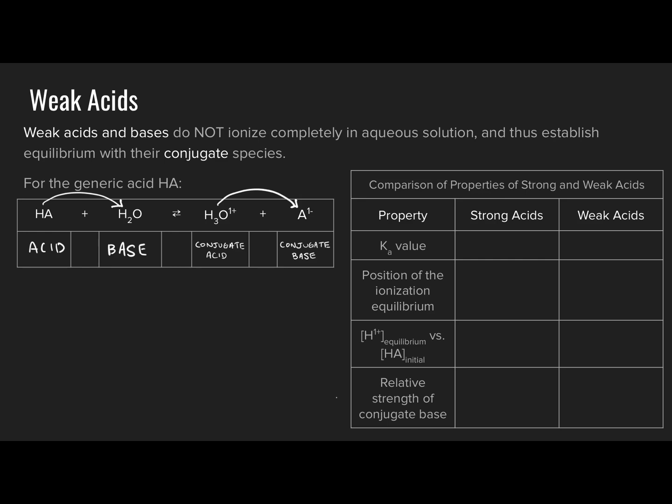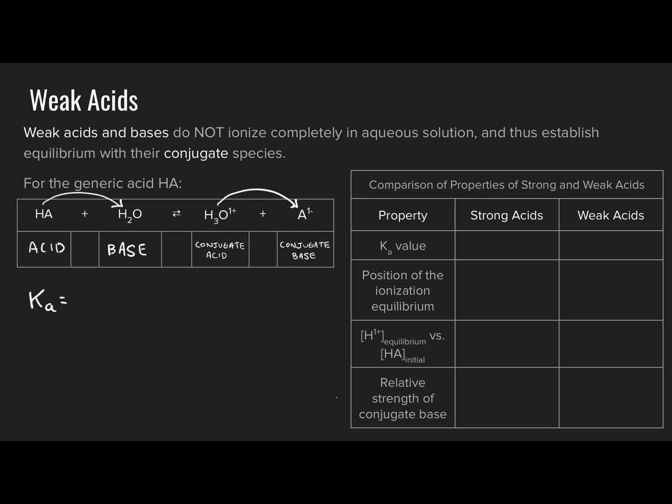And as an equilibrium reaction, it is governed by the K expression for this reaction. We're going to give this K a special notation here. We're going to call it a Ka, which is the acid dissociation constant. And we can then write the value of our Ka expression the same way we always have.